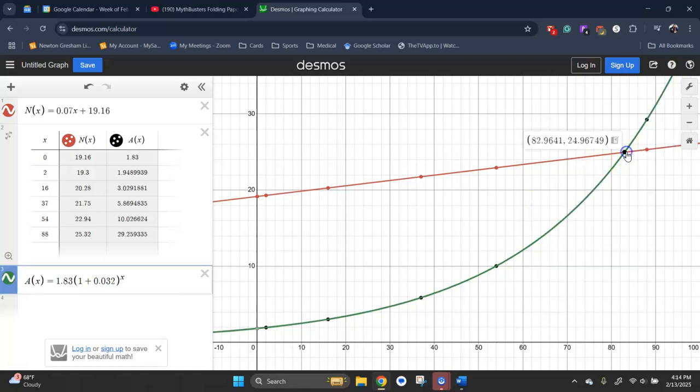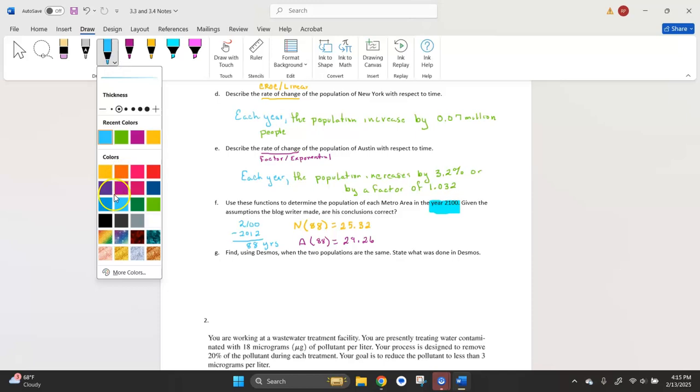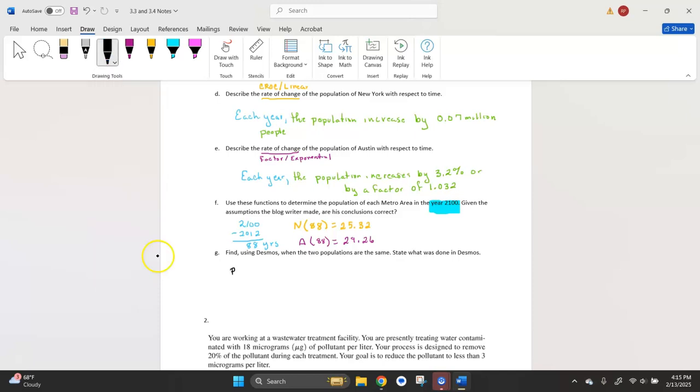And now I can see the intersection to be 82.96, 24.97. So our point of intersection is an input of 82.96 and the output of 24.97. Okay, so we had line 1 and line 2 already.